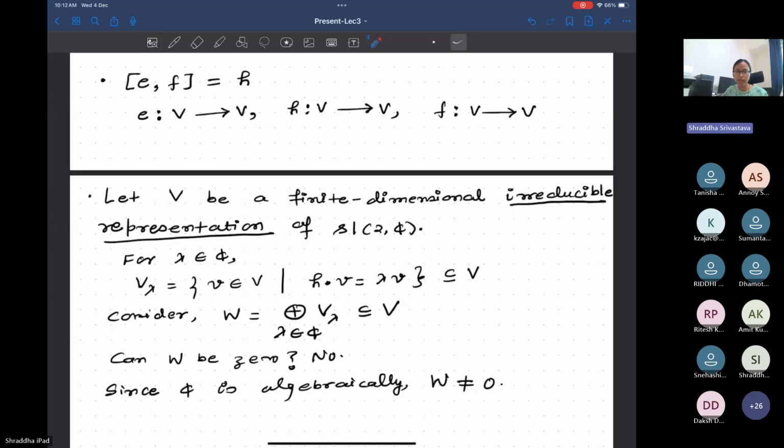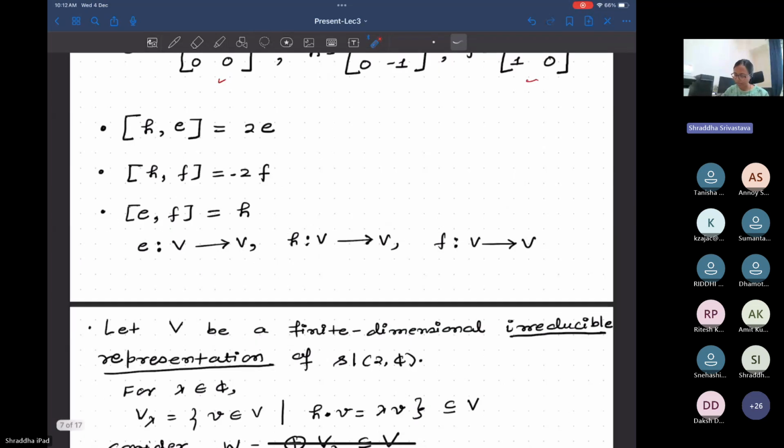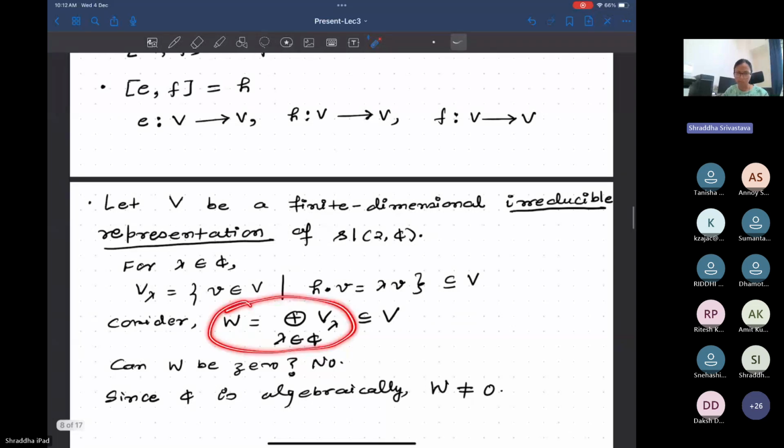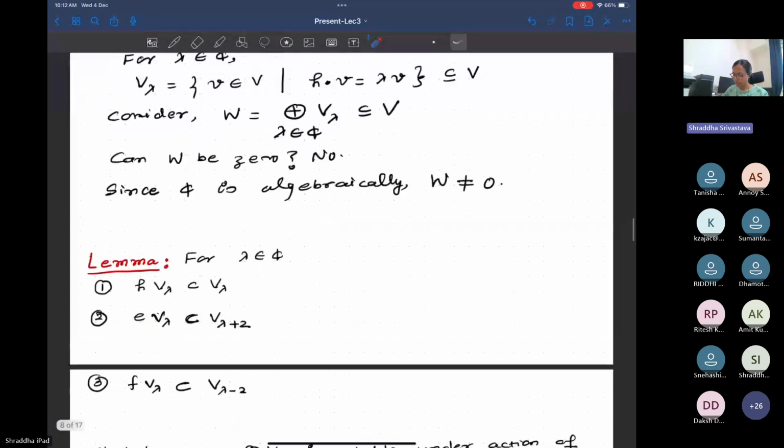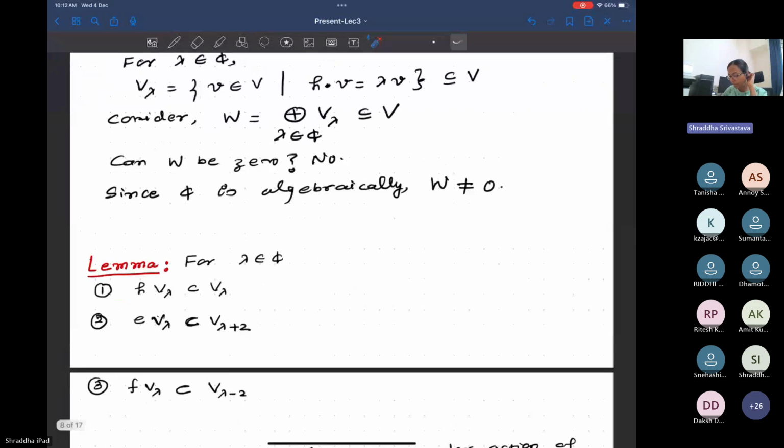Fine. So let us start analyzing the action of these E, F, and H on this W. Okay, so this is our next lemma. So if lambda is in C, I have written already this. Probably if you have not already seen, let me erase. So if lambda is in C, applying H to V lambda, where does it take it? What happens to it?